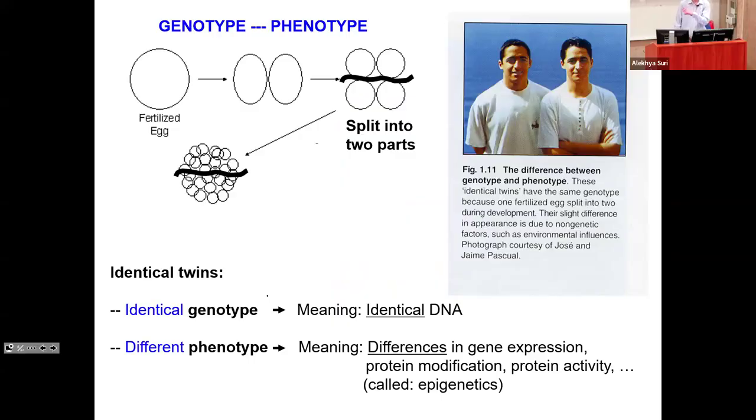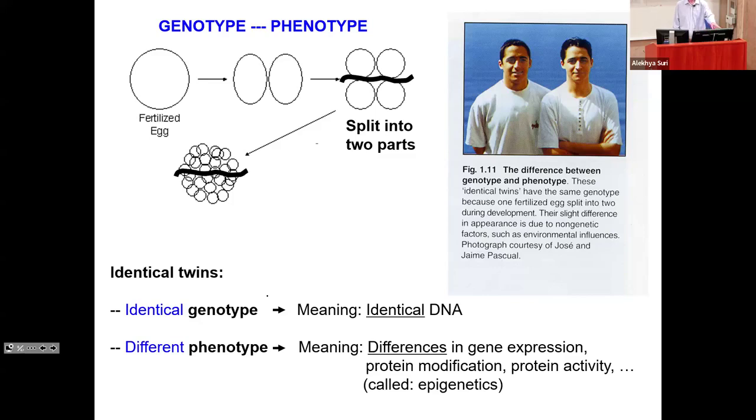Now, in the next couple of slides, I will focus on a couple of words you use in genetics. One would be genotype and phenotype. You see here on the right side pictures of identical twins.